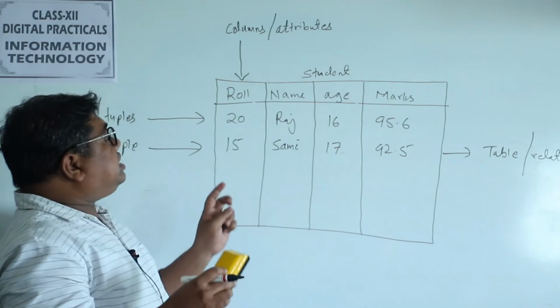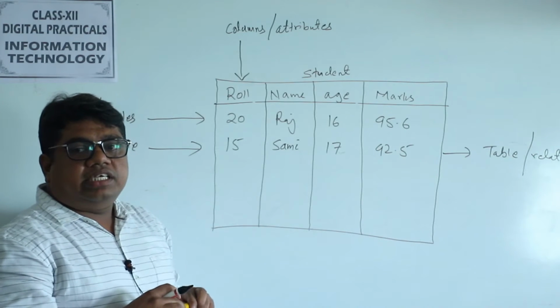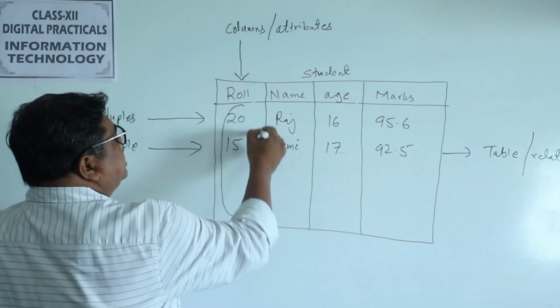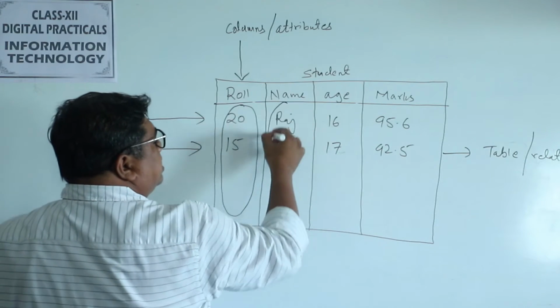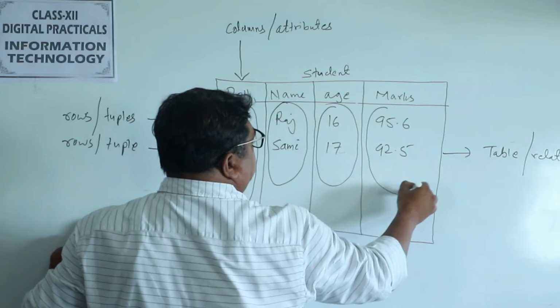Okay. So this is how we used to store. And one important thing to note here: this is a column, this is a column, this is also another column, this is also another column.